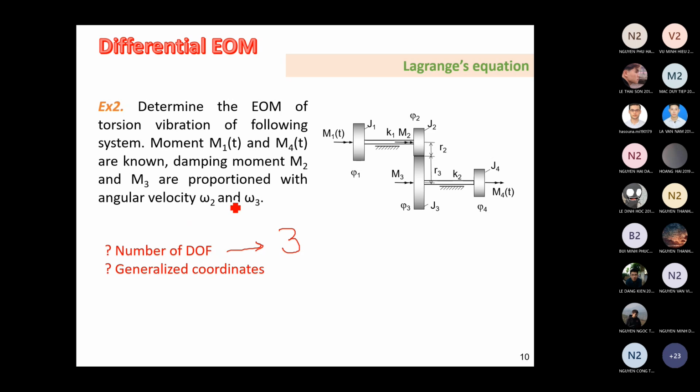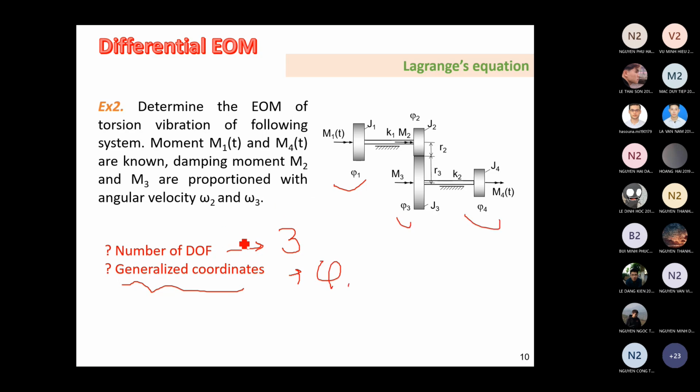Okay. So, what is the generalized coordinates here? How many generalized coordinates are necessary to write in this system? Theta 1, theta 2, và theta 4. Okay, or this is phi.